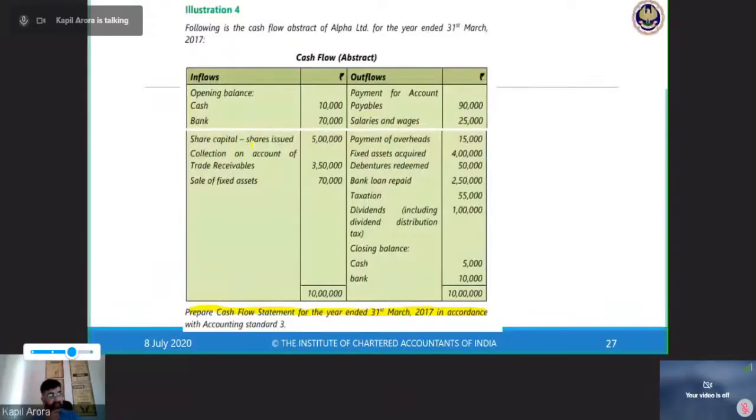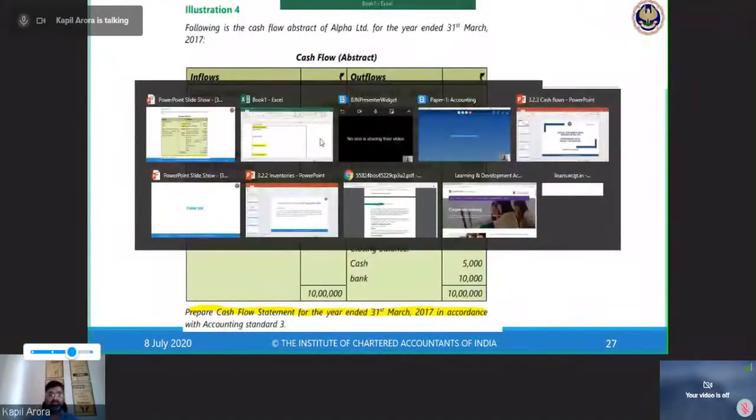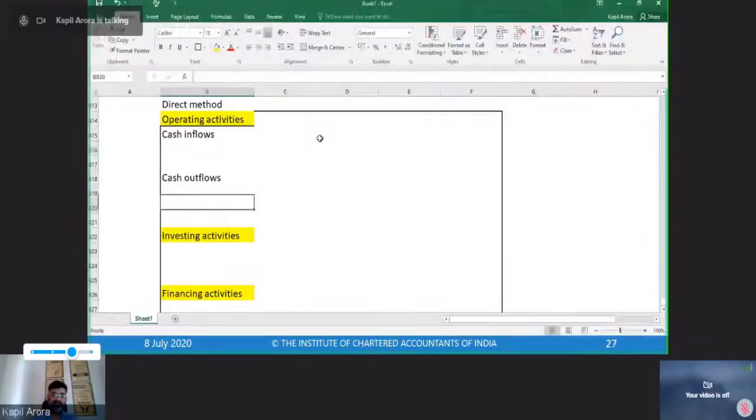Akash, income tax refund or payment, both will follow the same rule, that whatever it belongs to, if it belongs to the operations, it will go to operating. So we have been given opening cash balances 10,000 and 70,000. Opening cash balances are not operating, financing, or investing, so I record them separately.